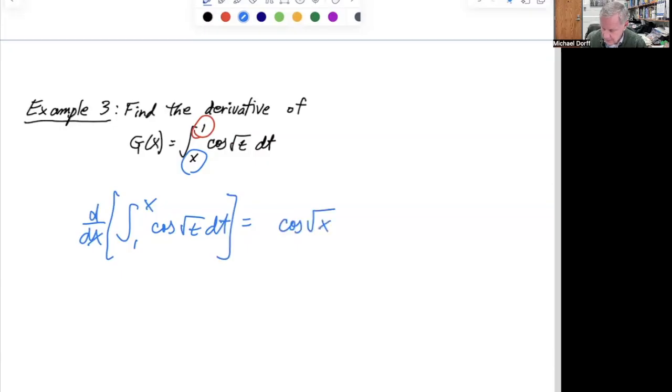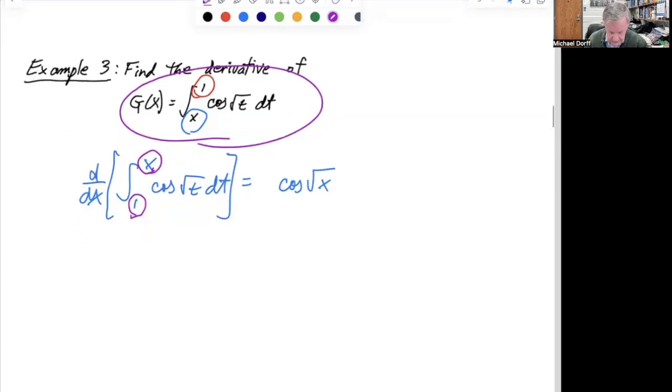But that's not exactly what we have in this problem. Here the 1 is on the bottom and x is on the top, which is what we're supposed to have. But in the original problem, the limits on the integral sign are backwards. So how can we fix that problem?